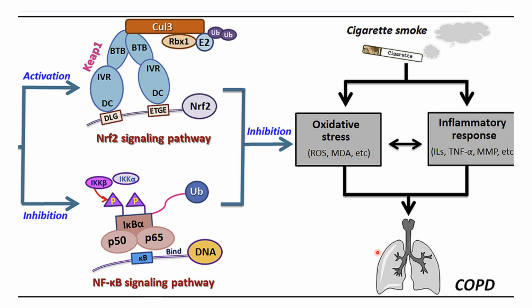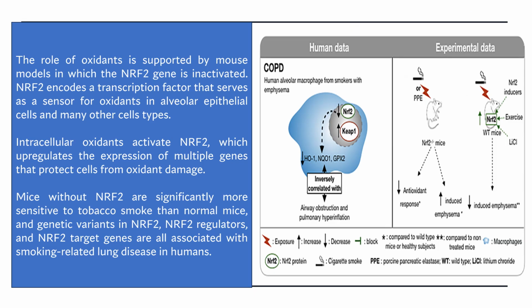So if we want to prevent the smoke induced oxidative stress in our body, this NRF2 signaling pathway has to be stimulated. Intracellular oxidants actually stimulate this NRF2 pathway. So there will be upregulation of this NRF2 pathway, and it will further upregulate the expression of multiple genes, which encode transcription factors that serve as sensors for oxidants.